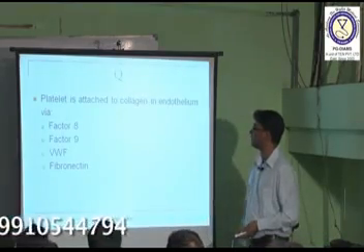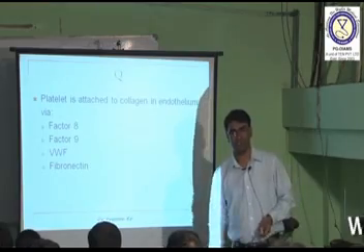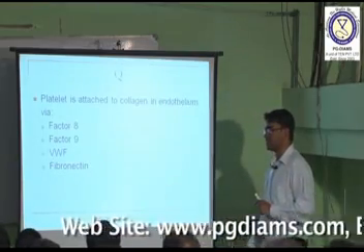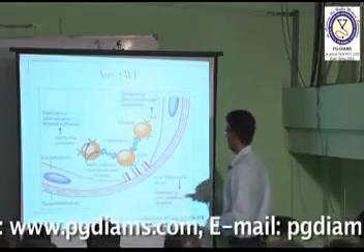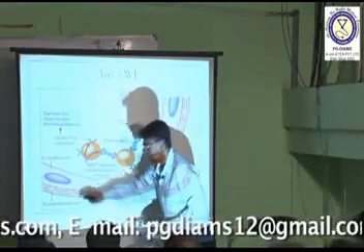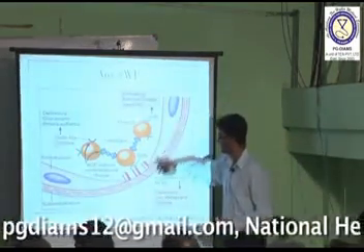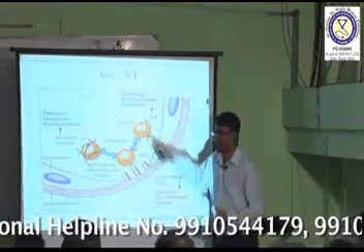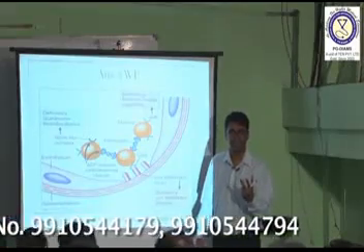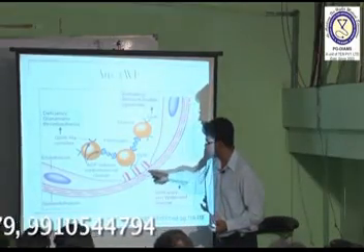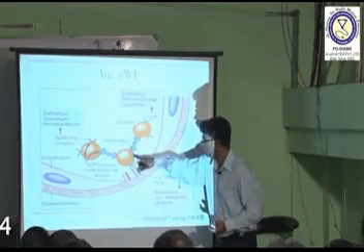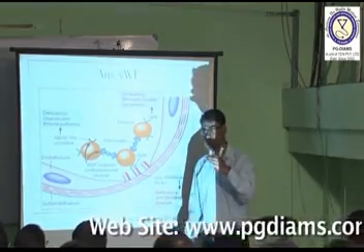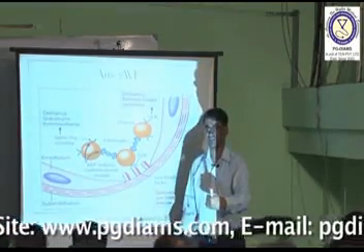I'll move ahead. Platelet is attached to collagen. T and D, my first question. It is von Willebrand factor, and this is the endothelium over which there is the collagen. These big dots are the platelets. The platelets are attached to this collagen by glycoprotein 1B. I told you 1 is first, so the main function is adhesion.